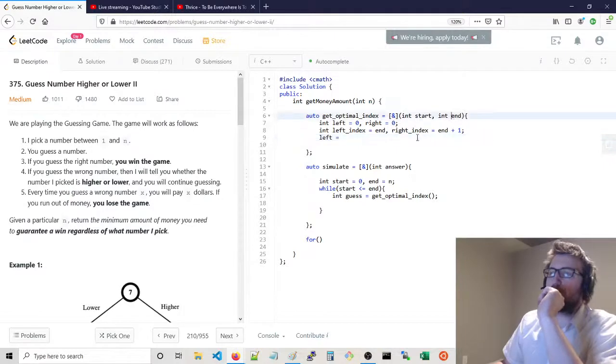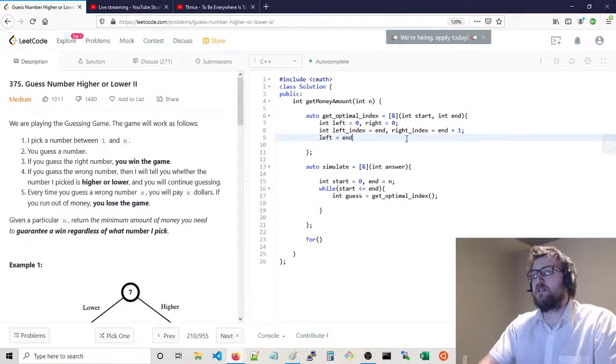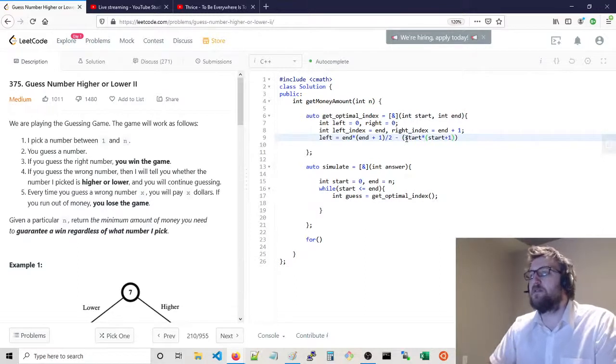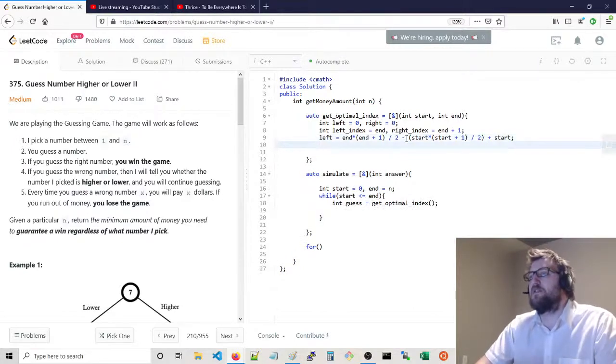It's going to be this ending index: end times end plus 1 over 2, minus start times start plus 1 over 2, plus start. A little confusing.